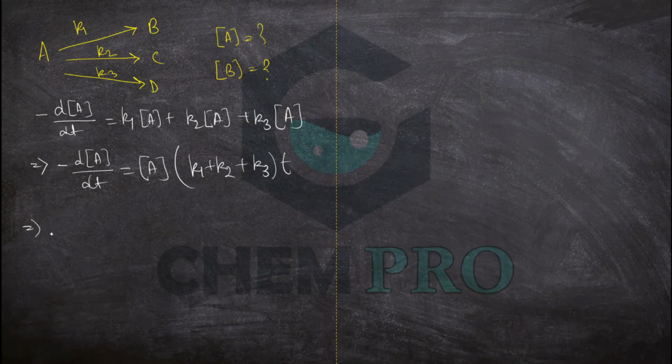So from this we can write minus dA by A equals K1 plus K2 plus K3 into dt.